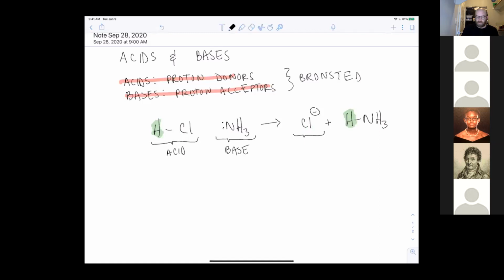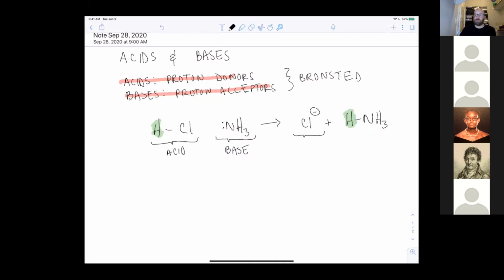So you'll note I've got my proton. Here I have a lone pair. Typically you have a lone pair in your base. Here that proton's been lost, and over here the proton has been picked up by the ammonia. So this had 3 protons on it, and now it has 4 protons. The base doesn't necessarily have to start with protons, but it should have 1 on the other side.